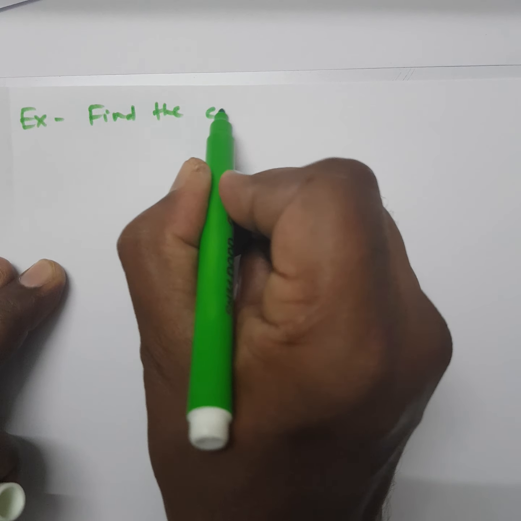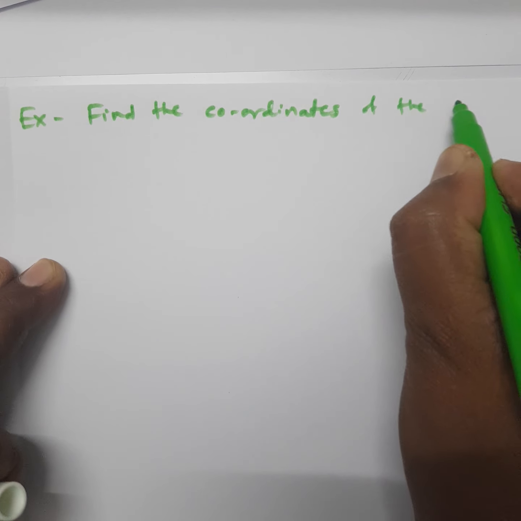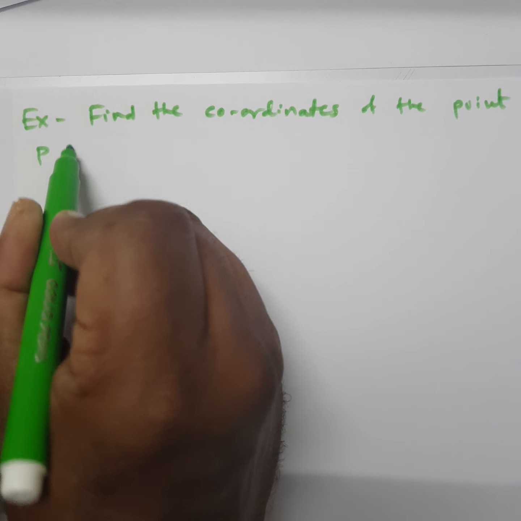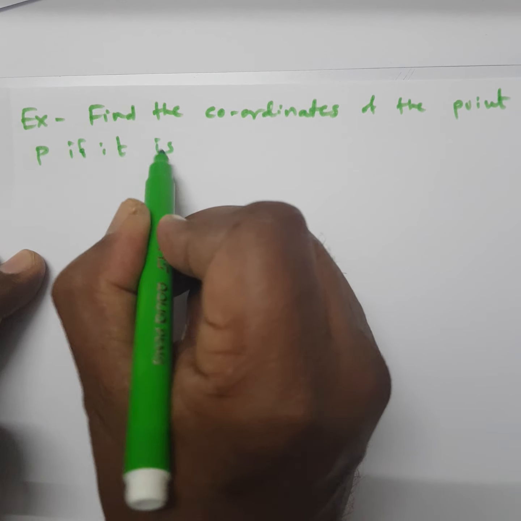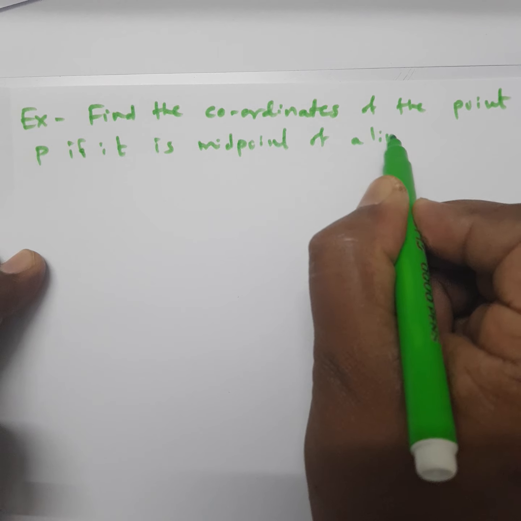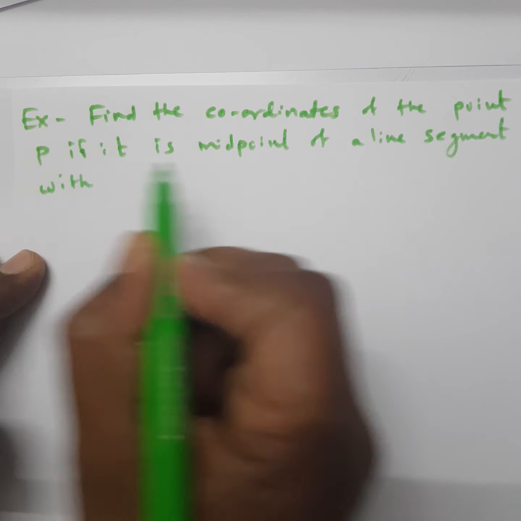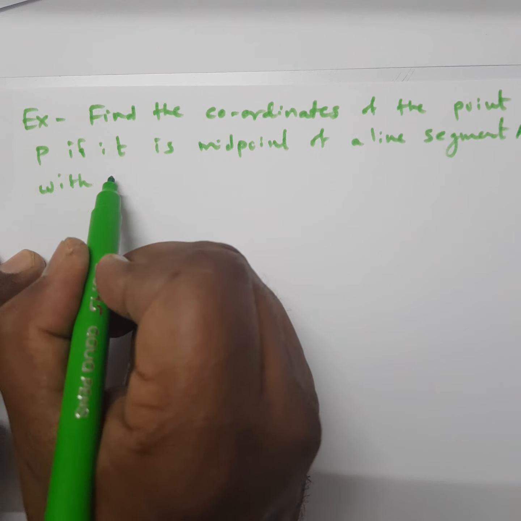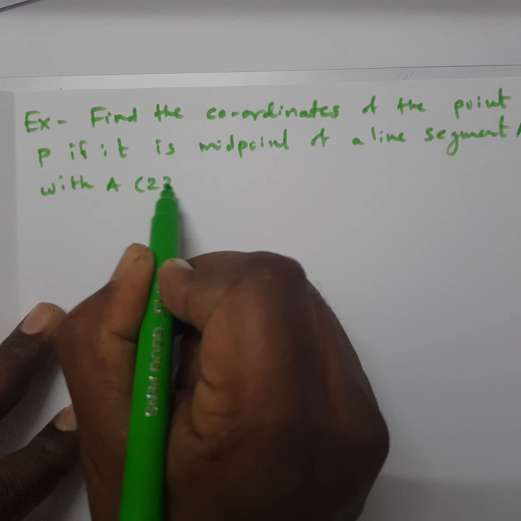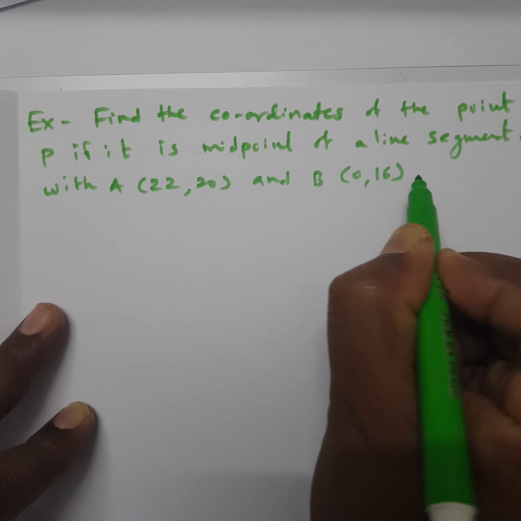Find the coordinates of the point P if it is the midpoint of line segment AB with A (22, 20) and B (0, 16).